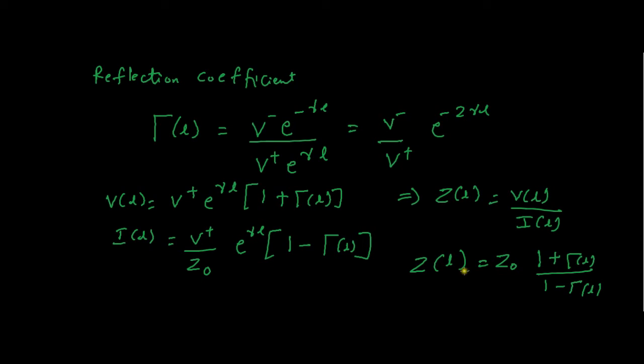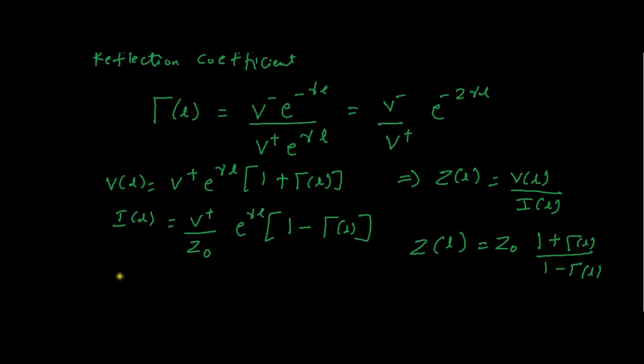Inverting this equation, we can find the reflection coefficient in terms of impedance only. So the reflection coefficient will be ZL minus Z naught upon ZL plus Z naught.